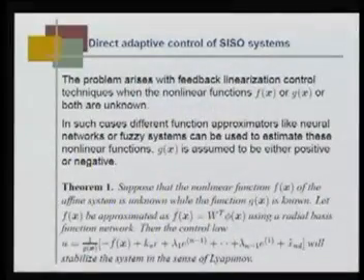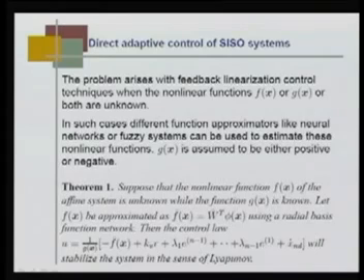The problem arises with the feedback linearization control technique when the nonlinear function f(x) or g(x) or both are unknown. In such cases, different function approximators like neural networks or fuzzy systems can be used to estimate these nonlinear functions.